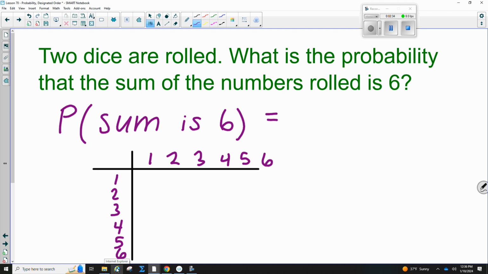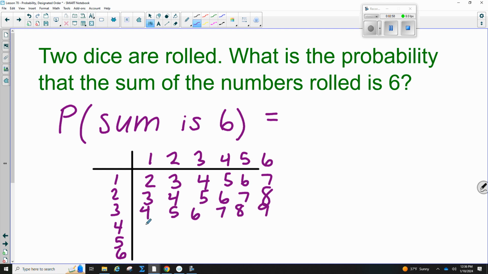So if I roll a 1 and a 1, what is the sum of a 1 and a 1? Yep. If I roll a 2 and a 1, the sum is a 3. A 3 and a 1, the sum is a 4, 5, 6, 7, right? If I roll a 2 and a 1, I get a 3, 4, 5, 6, 7, 8. And then we do 4, 5, 6, 7, 8, 9.